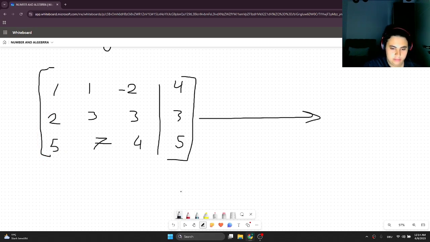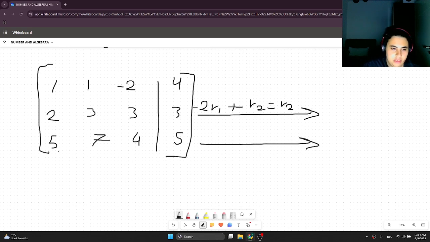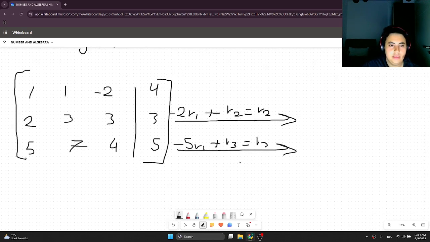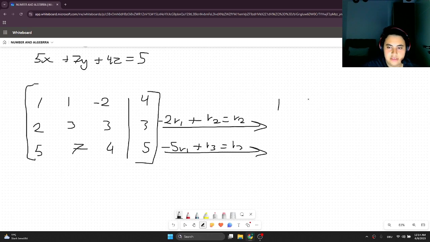For row 2, we do negative 2 R1 plus R2 to get our new row 2. For row 3, we do negative 5 times R1 plus R3 to get row 3. The first row doesn't change, so I have 1, 1, negative 2, and 4.